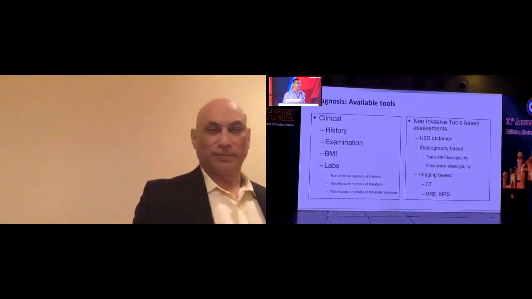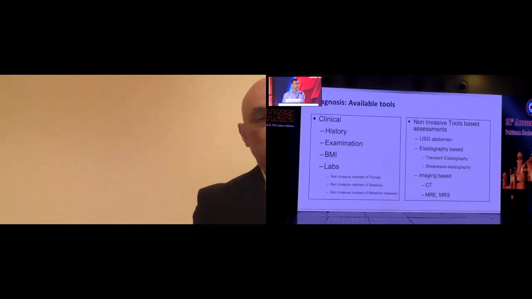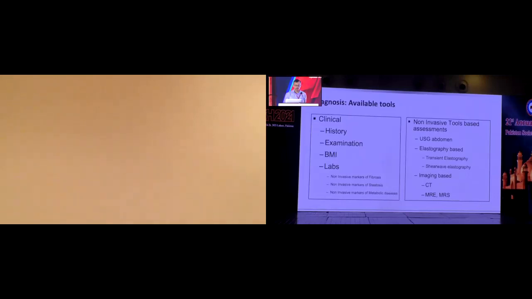So clearly that gives us an idea that NAFLD is always coupled with other important things like diabetes, heart disease, and central obesity, so many other things which come in the package, which we call metabolic syndrome. So non-invasive markers of metabolic disease again become an important part of the diagnostic armamentarium.